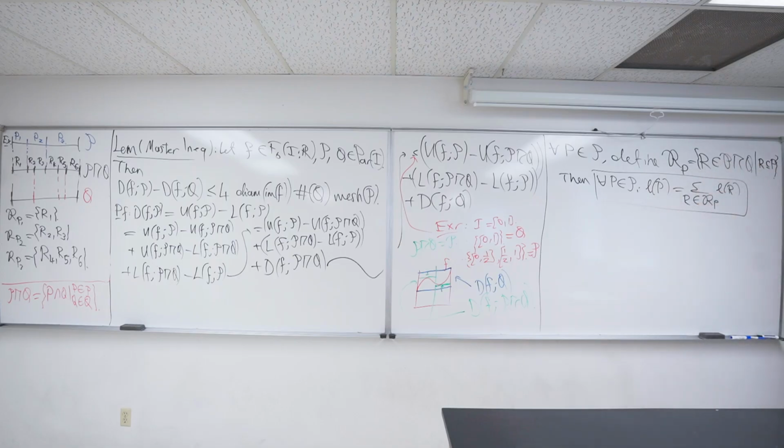You see, this is also one of the reasons why I don't like using the cut points in general, because with the indices and stuff, these kind of expressions end up becoming a nightmare to write down. Does this make sense? And certainly, if I were to take the union of all such R sub P's, as P varies in curly P, I'm going to get the whole coarsest common refinement.